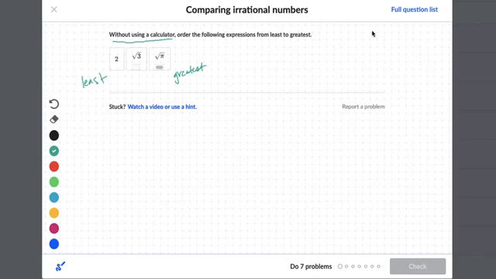Actually, I need to list all my perfect squares first. And I'm going to start low because those seem pretty low. So I have 1 and 2 and 3. All right. So let's see, square root of 3 is going to be somewhere over here. And then I have square root of pi.